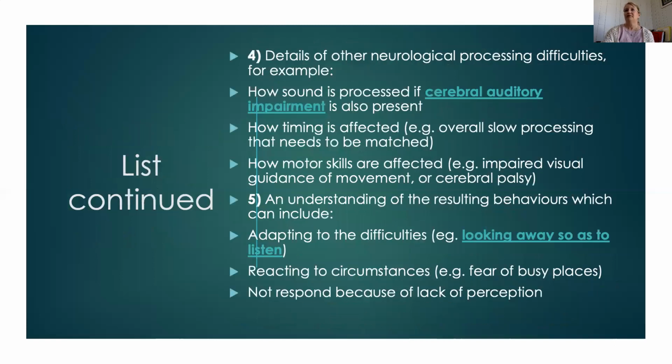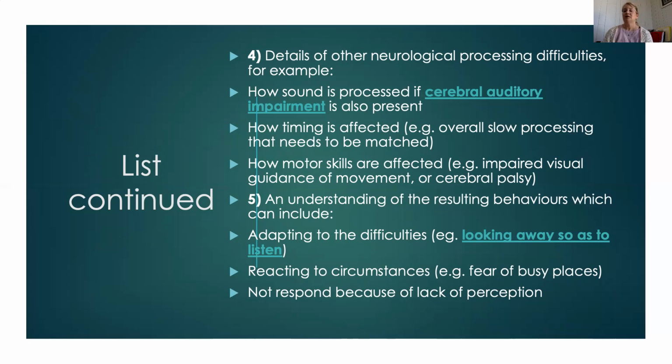Continuing on with that, fourth, we want to have details of other neurological processing difficulties. For example, how sound is processed, if there's a cerebral auditory impairment. And yes, there can be hearing impairments that are cerebral, the same as the visual kind. How timing is affected. Is there really slow processing that needs to be matched?